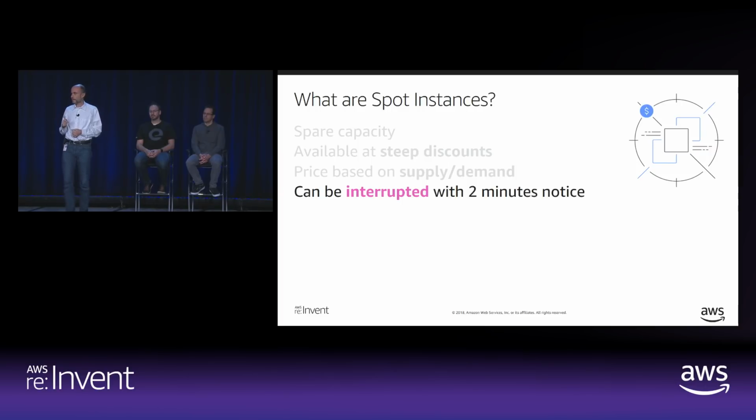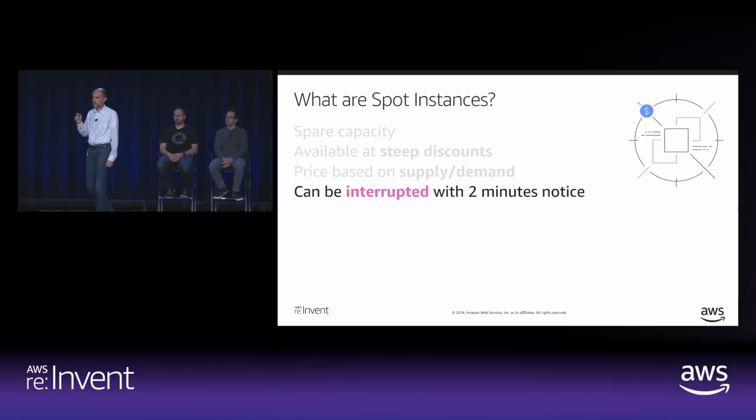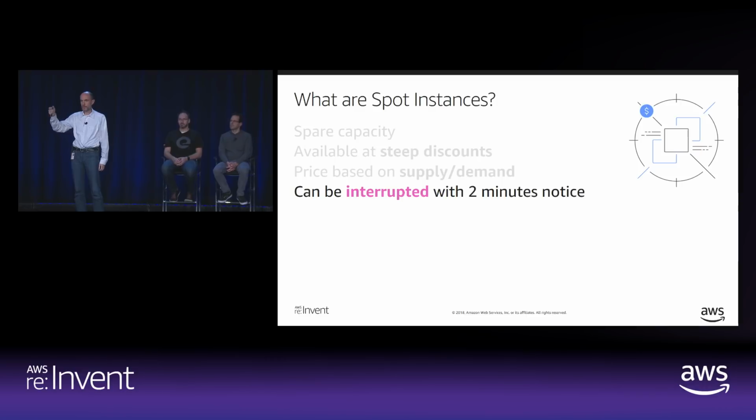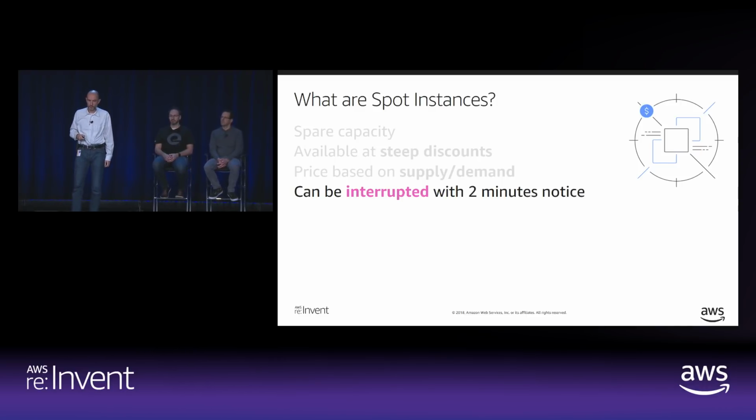There is one downside: if we need those instances back because we have customers launching instances on demand, then we will take them back from you. But there's going to be a 2 minute notice, and you can program spot instances to hibernate themselves so that they are not lost. They will be restarted again when the price goes low enough.